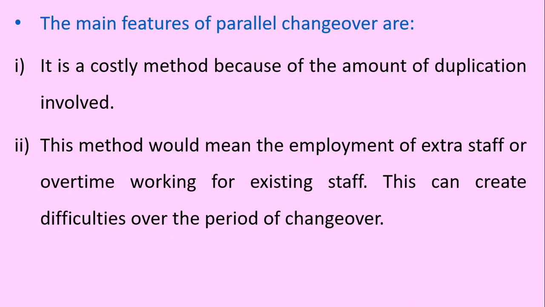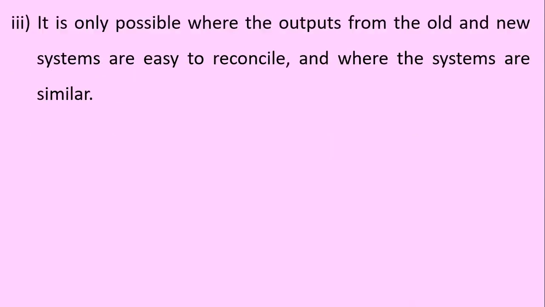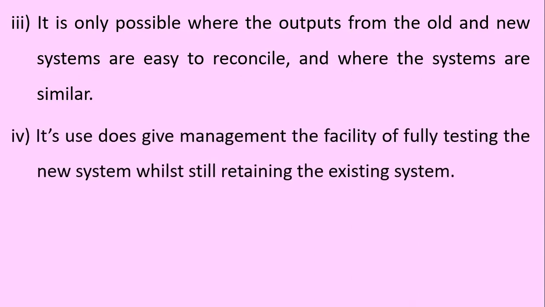This can create difficulties over the period of changeover. Number three, it is only possible where the outputs from the old and the new systems are easy to reconcile and where the systems are similar.